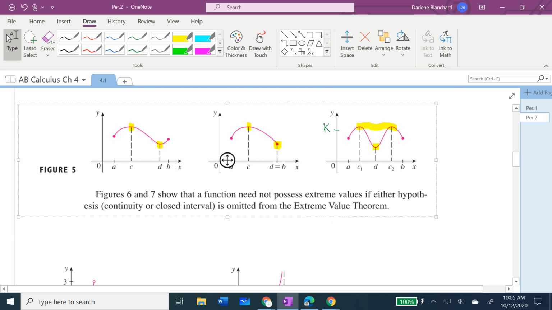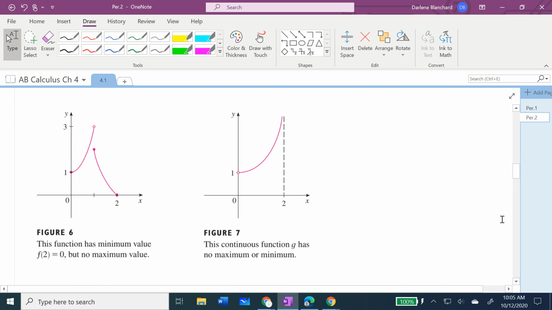All right, I am moving. Scroll. Now, these are pictures meant to show you why you have to have continuity over a closed interval to absolutely guarantee that you will have an absolute maximum, absolute minimum.